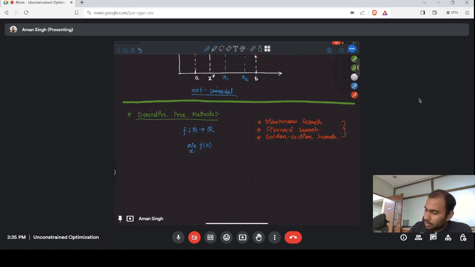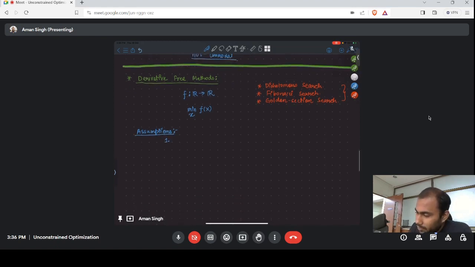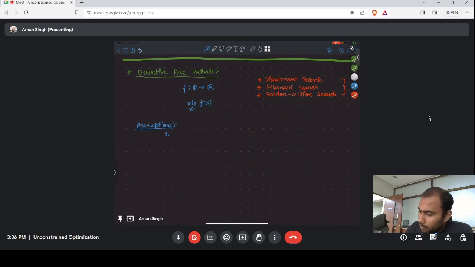Before starting dichotomous search, let me explicitly write a few assumptions. Let me reiterate the derivative free method. We want to look at algorithms to optimize this problem, in which the function is a single variable real valued function whose input is a scalar.